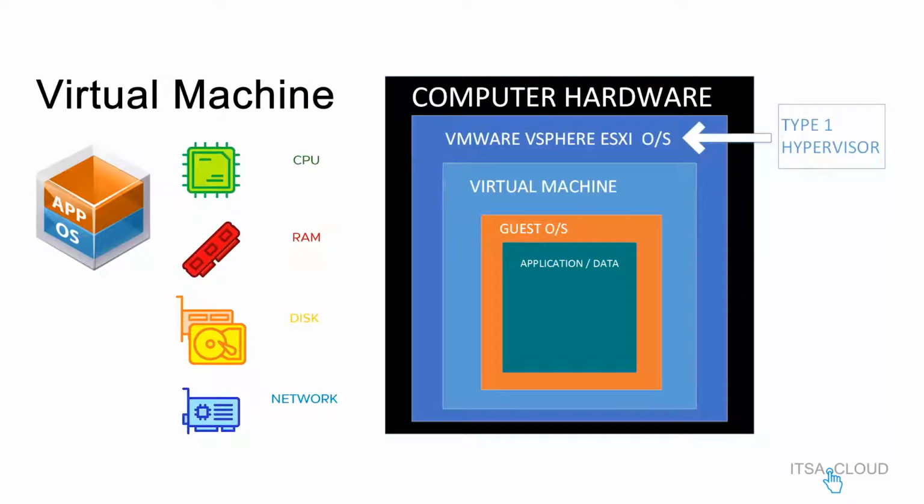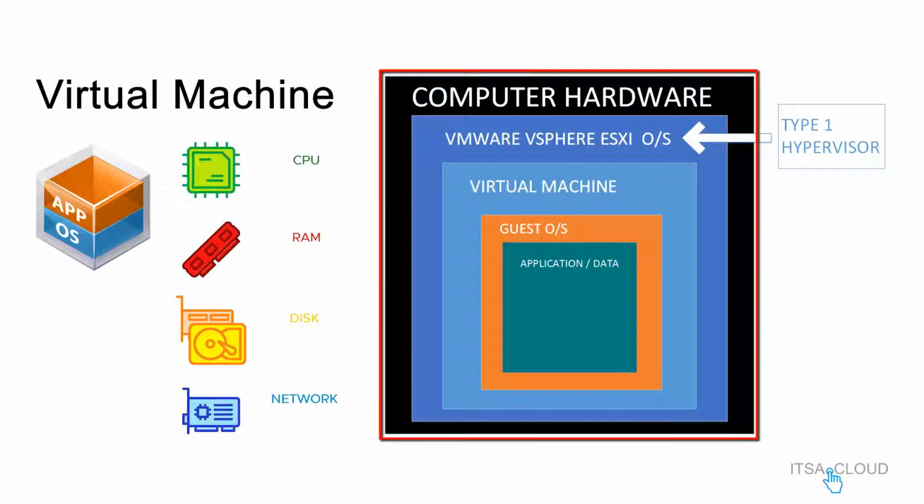All right. So as you can see, we have type number one hypervisor. So where is the virtual machine going to be created and what components do you need? First of all, let me explain the components. At the top, we have computer hardware.